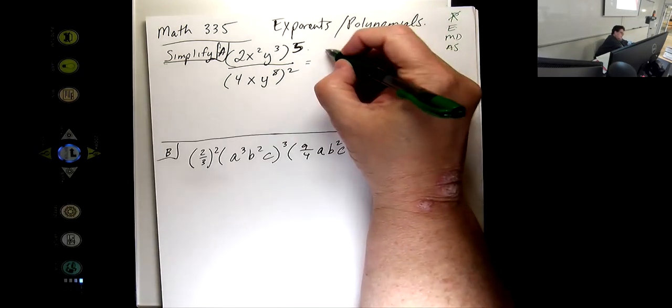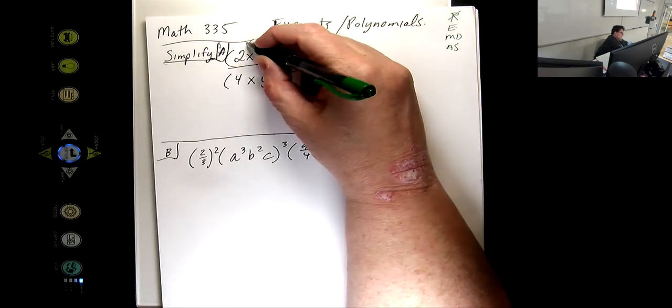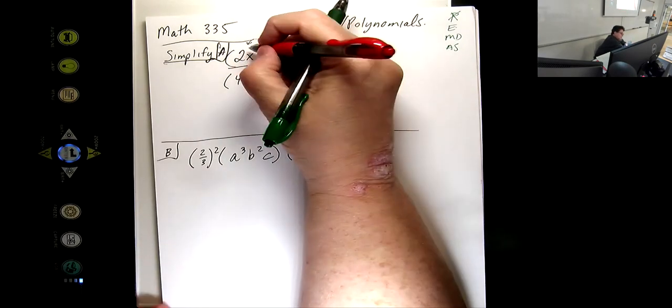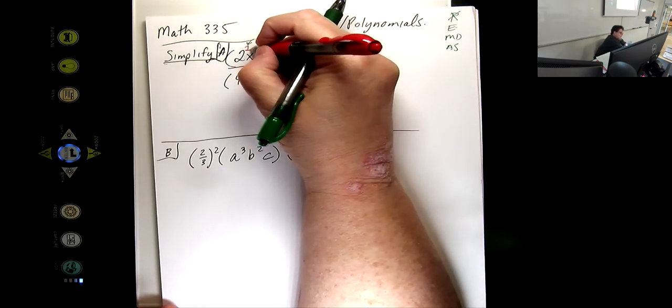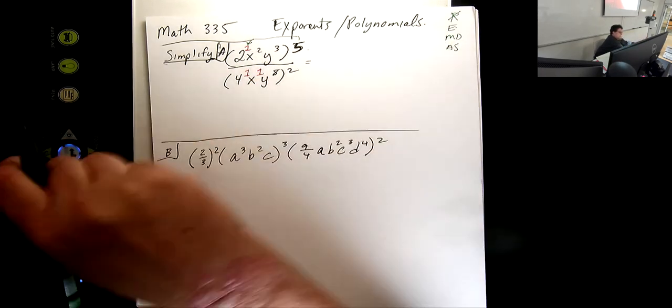So what we're gonna do is take this exponent and distribute it to every exponent, including the exponents we don't see. If there's a number there and it doesn't have an exponent, it's got an exponent of 1. The same goes with this x.